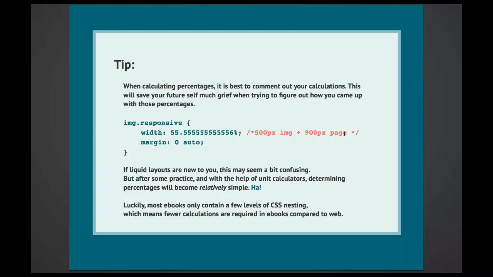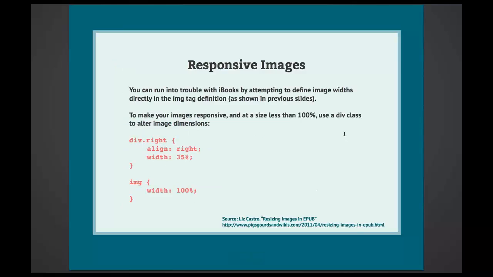When you're calculating percentages, if you go with liquid layouts, it's recommended to comment out your calculations. This makes it easier to go back into your files and see why you have the width that you do for an image or a sidebar. You may not remember six months from now when you go into a book and you're trying to change something and figure out why, so that just saves you time in the future.